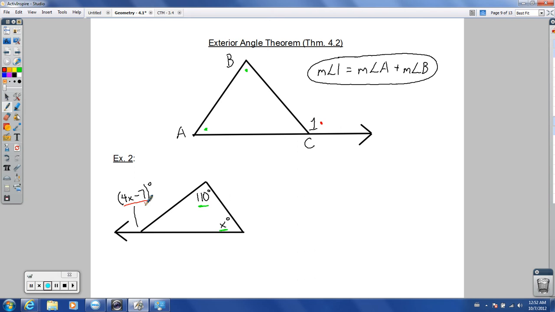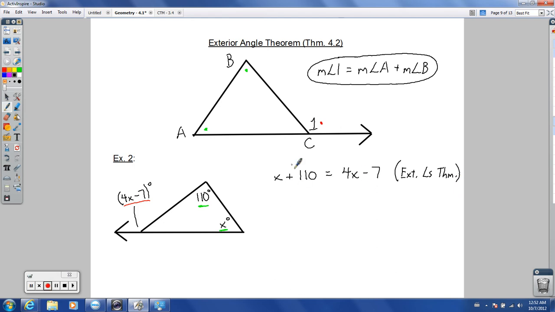This one has to equal the sum of these two by this theorem. So we write this out. Using the exterior angle theorem, x plus 110 equals 4x minus 7. If you had to give a reason for that, you would just say that's the exterior angle theorem.